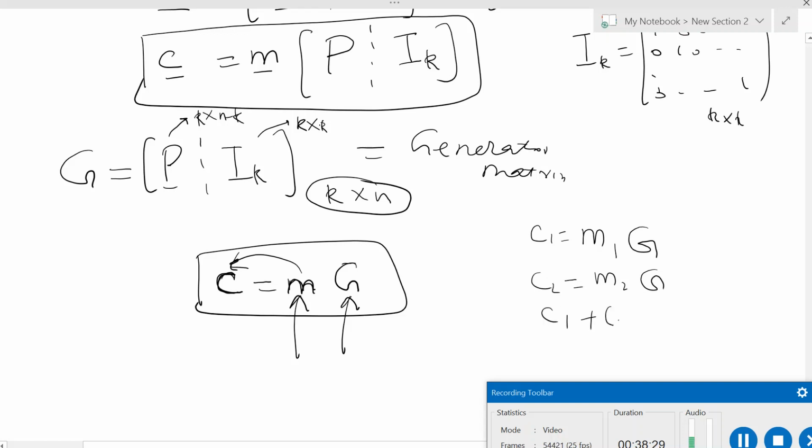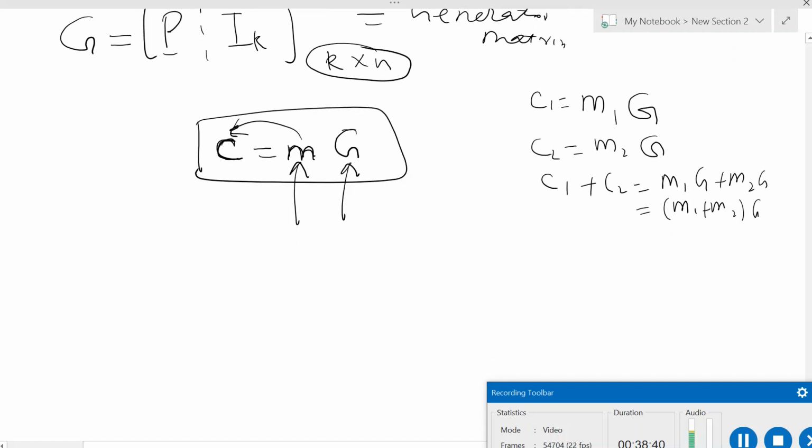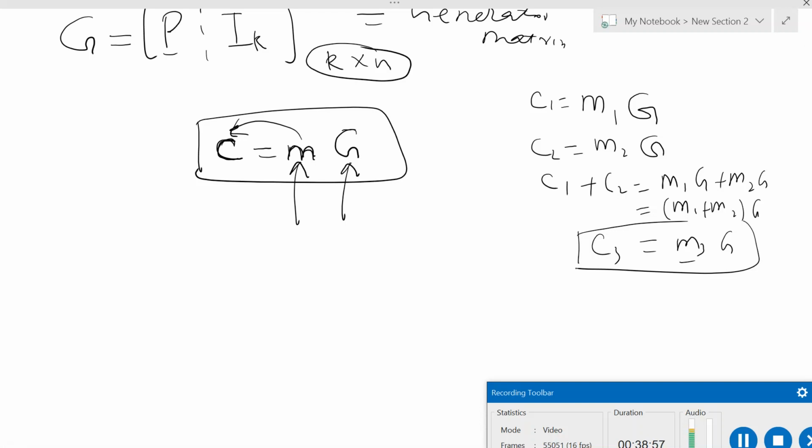When you add them up, M1G plus M2G, you will get (M1 plus M2)G. Now M1 XOR M2 will be another message, suppose M3. So this will be another code word. So we say the operation is closed under modulo addition. You add two code words, the third thing will also be a code word.